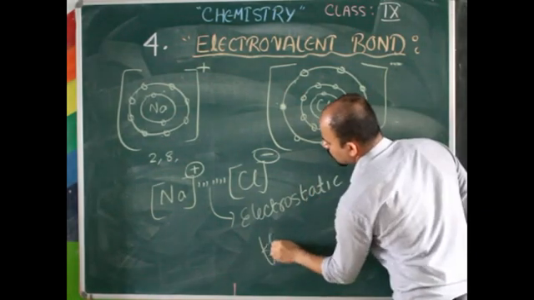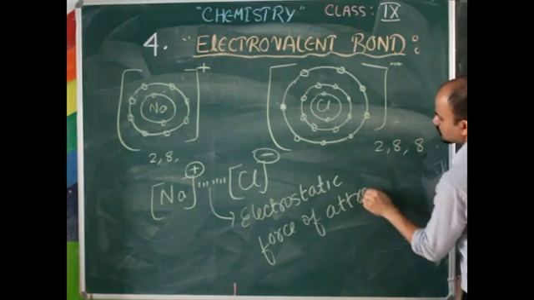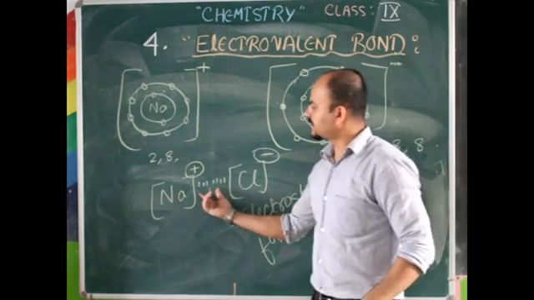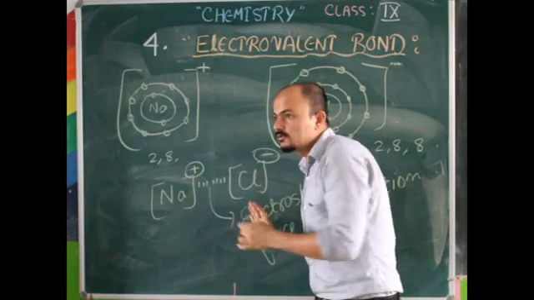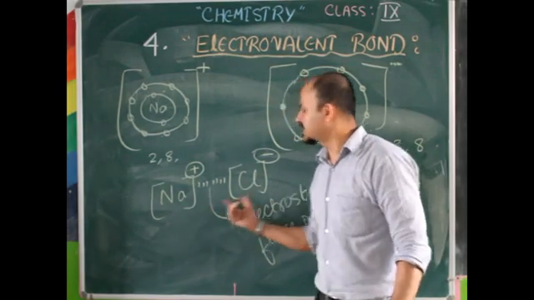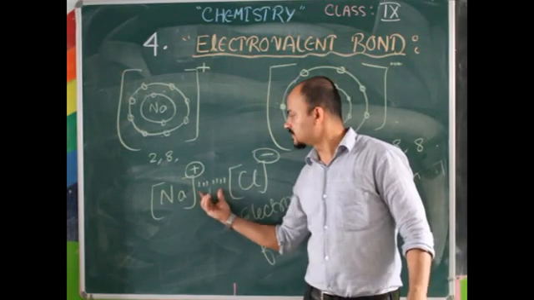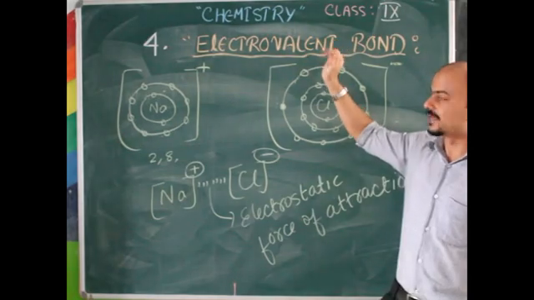This electrostatic force of attraction brings both cation and anion together, and they are bound very tightly. And this gives rise to the electrovalent bond or ionic bond.